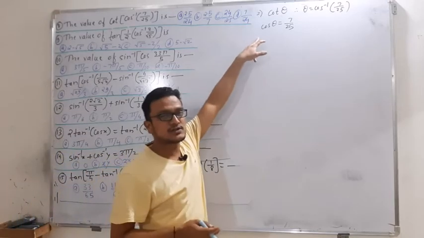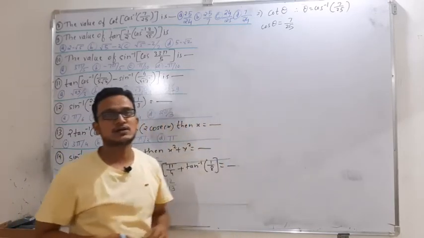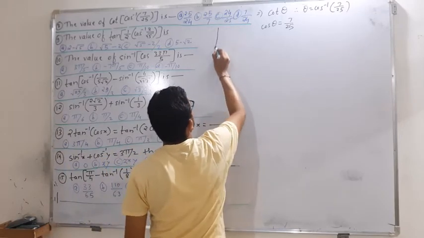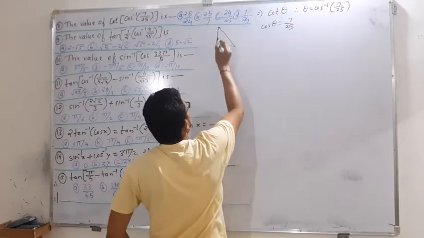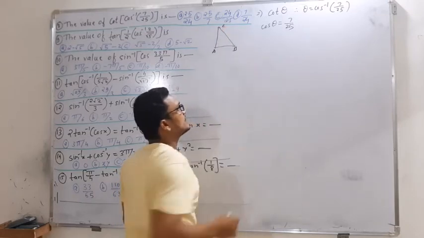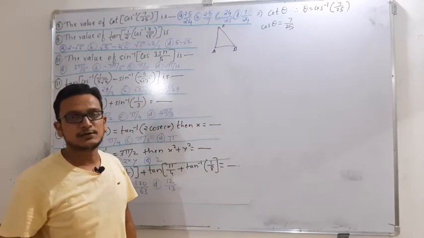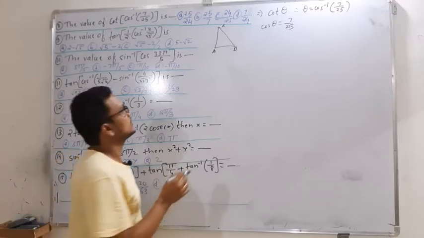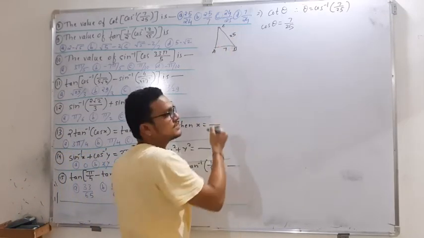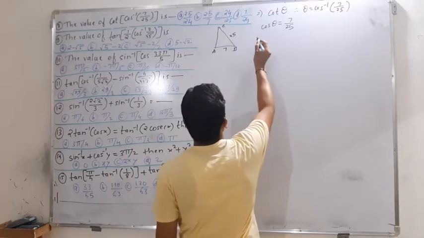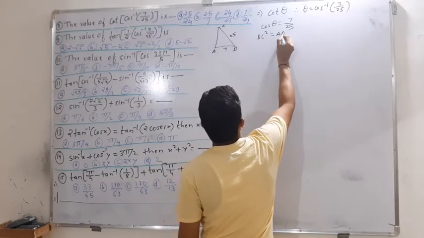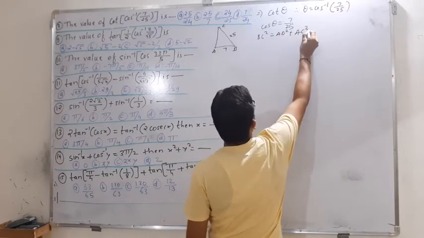Now if you want the value of cot using this cos function, we have to make use of the Pythagoras theorem. Suppose I name the triangle A, B and C. The definition of cos theta is base upon hypotenuse. So base is 7, hypotenuse is 25. Find this AC using the Pythagoras theorem: BC square is equal to AB square plus AC square.